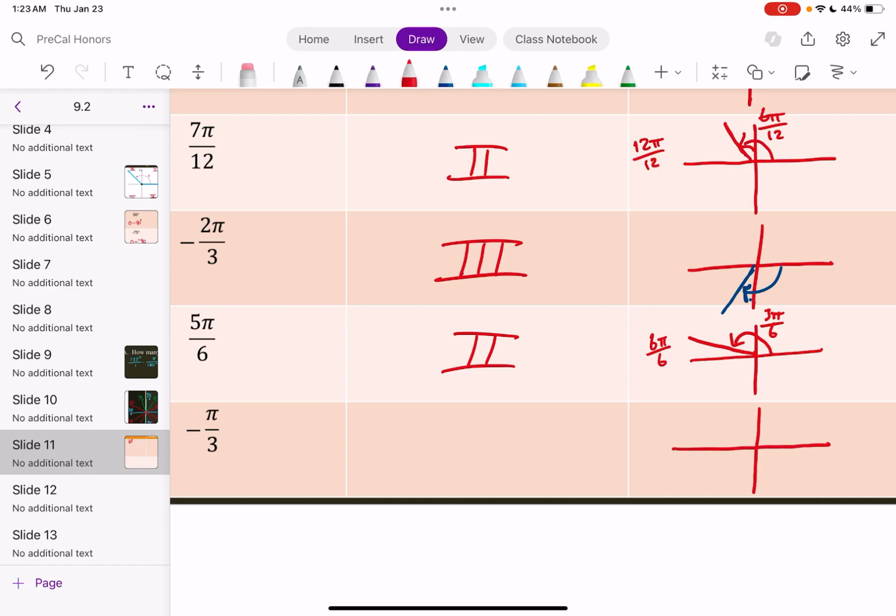With pi over 3, we know that it's part of the 60 family. So in this case, our terminating line would be on the 60 itself. And notice that would be quadrant 4.